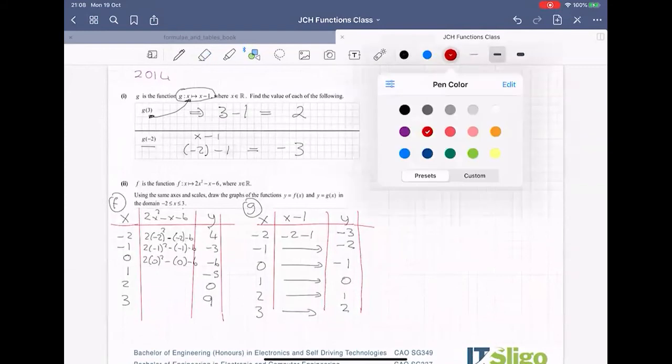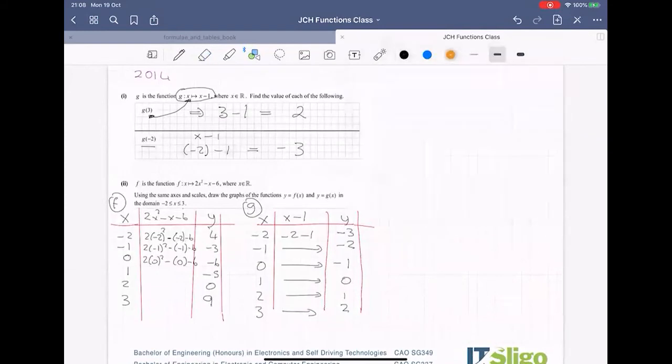Okay, so just pick a different color. I'm going from -2 to 3. I have to go all the way up to 9. So how about I go something like 10, 9, 8, 7, 6, 5.